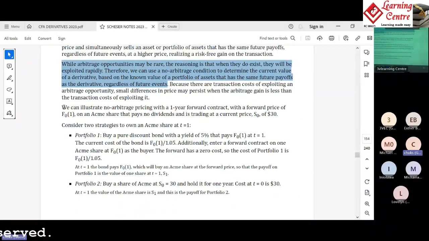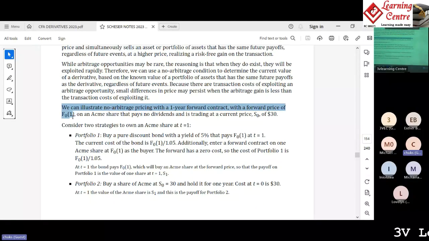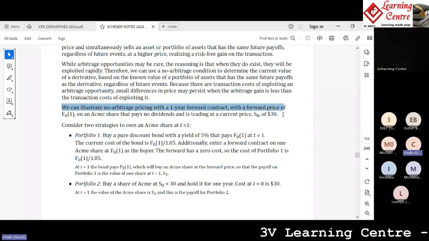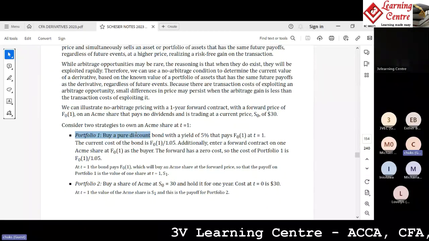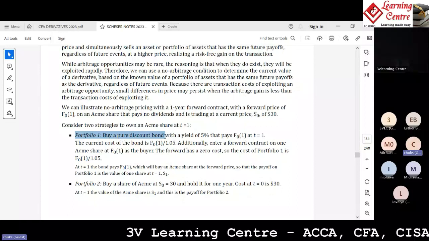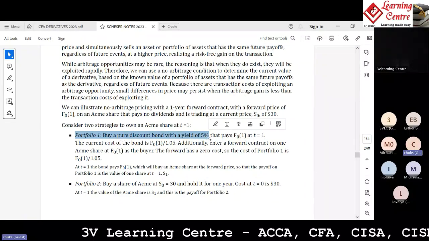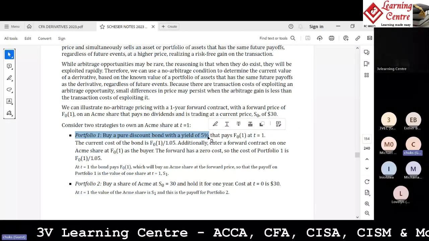So we can illustrate a no arbitrage pricing with a 1-year forward contract with a forward price of F1 on Acme shares that pays no dividends and is trading at the current price of $30. So portfolio 1, you buy a pure discount bond with a yield of 5% that pays at year 1.